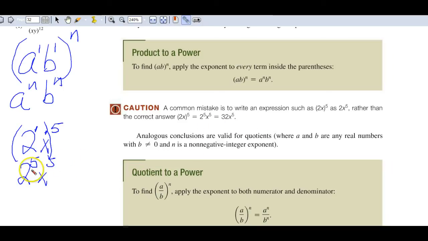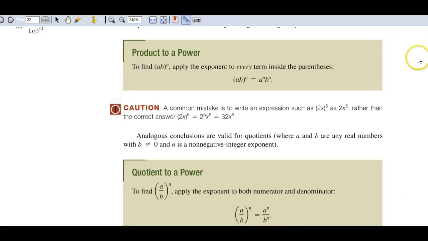And 2 to the 5th is 32. X to the 5th is what they have here. And it applies if you have a fraction as well, that there's a 1 there, becomes a to the nth, b to the nth. Okay.